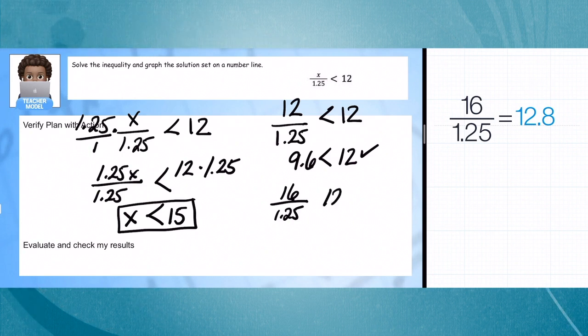So is 12 and 8/10 less than 12? Nope, that is not true. So we tried a number greater than 15 and we saw that it was not true. So we have to pick numbers that are less than 15. What happens if we pick a number that is exactly equal to 15? What do you think will happen? Will we get a true statement?